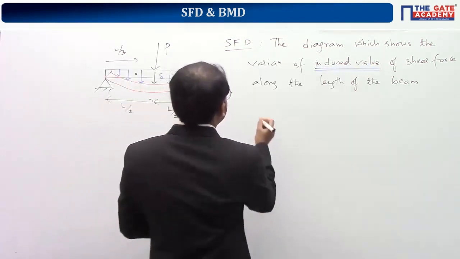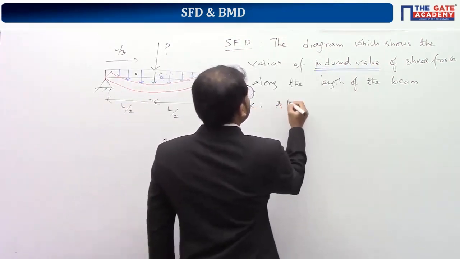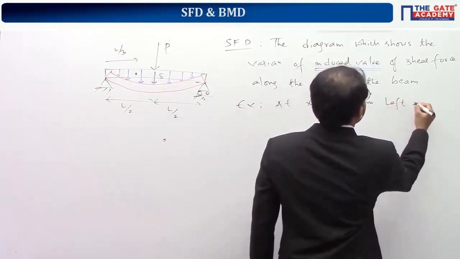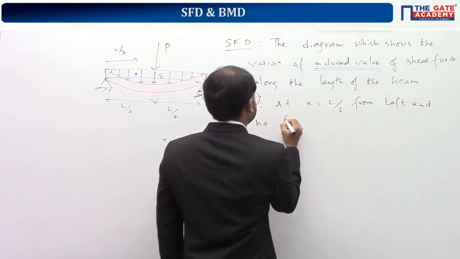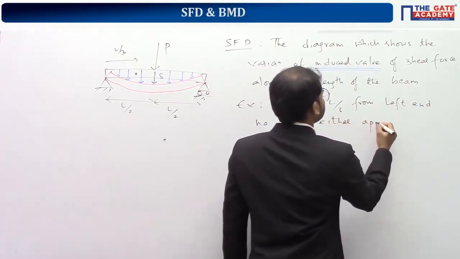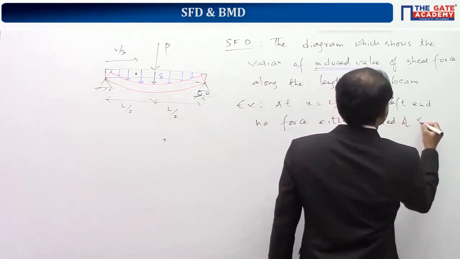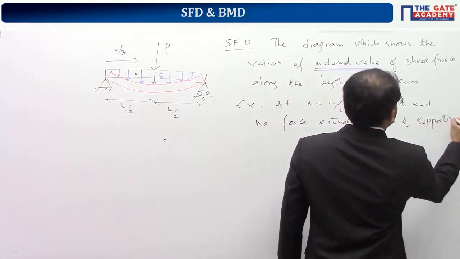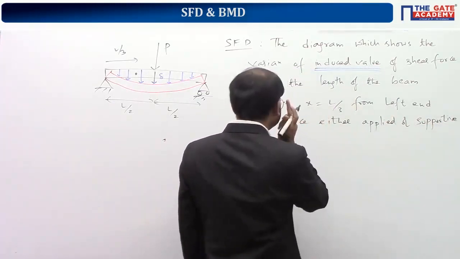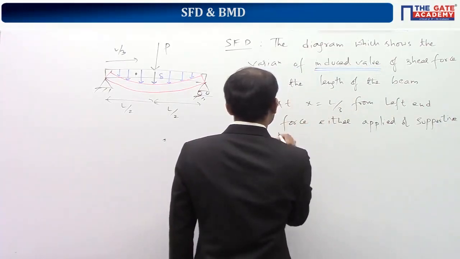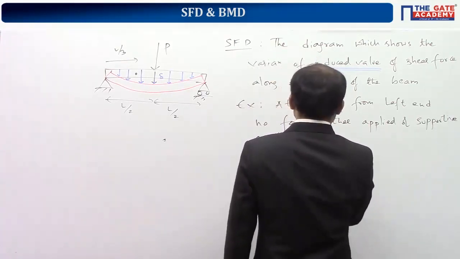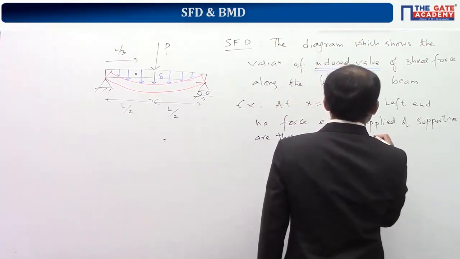If you want to have a clearer understanding, you can write down an example: at x equal to L by 3 from the left end, there is no applied force or supportive force, but the induced value is there.